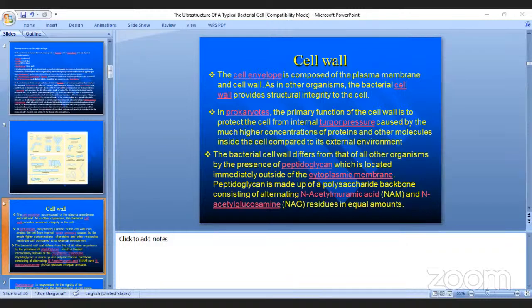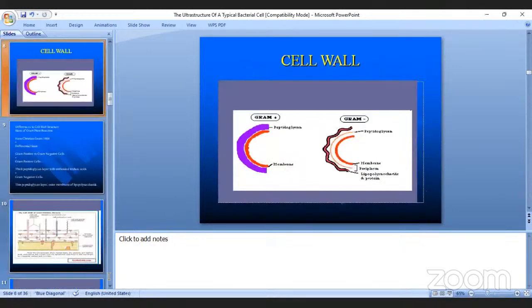Cell wall is visible, sir. Now, Still same page, sir. Yes, sir. Cell wall. Now we can see the diagram. this tweet.